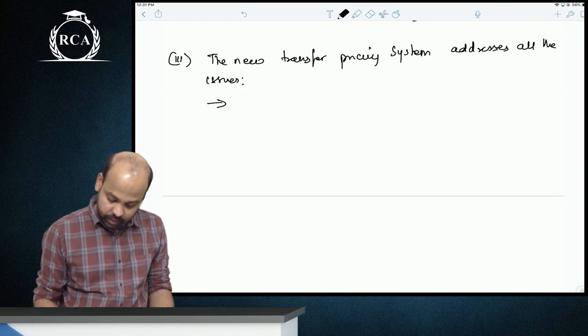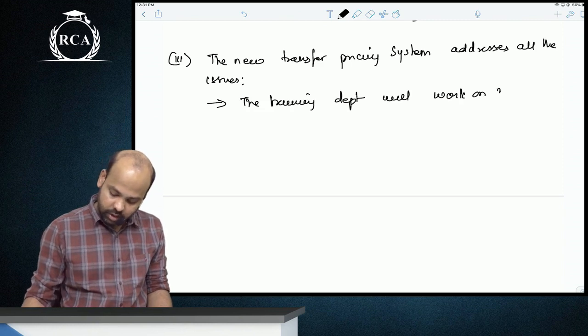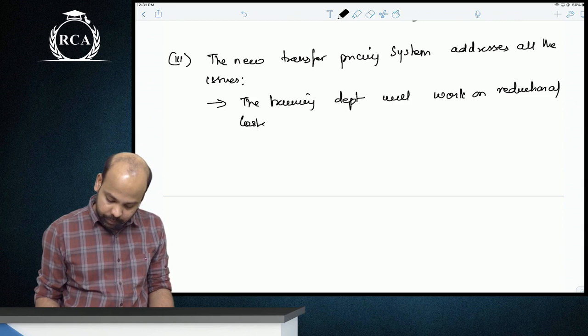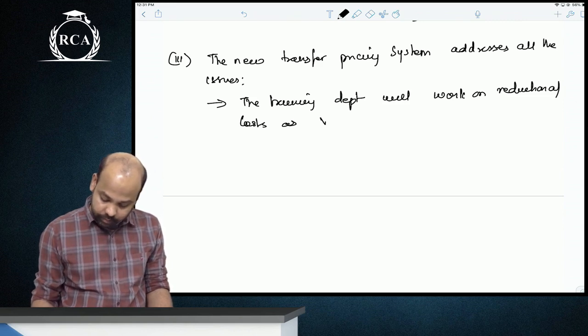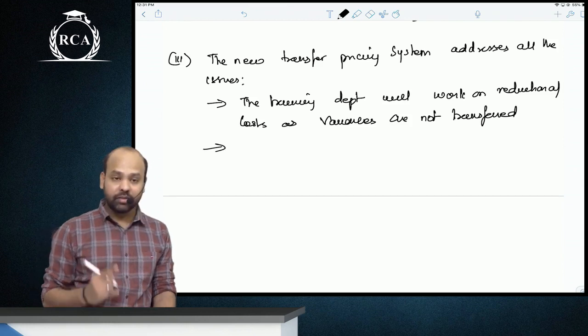First, beta, the training department as such, guys, will work on reduction of cost, as variances are not transferred. That's the first one, guys.